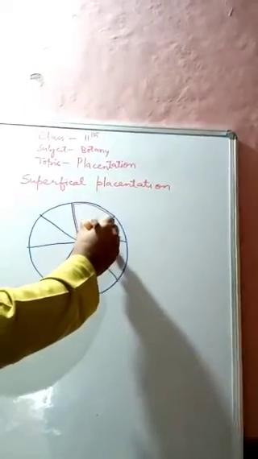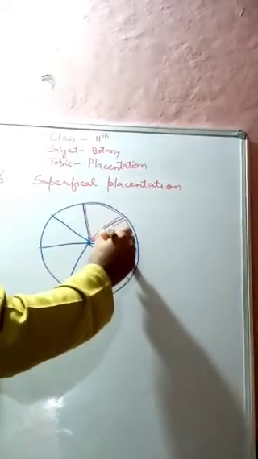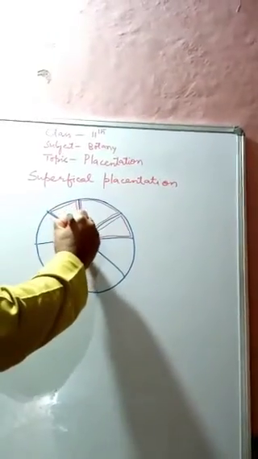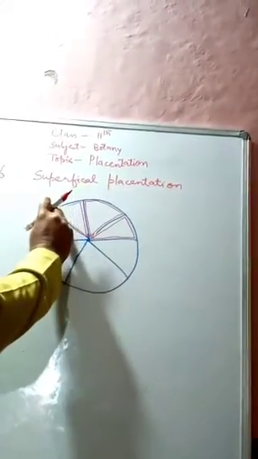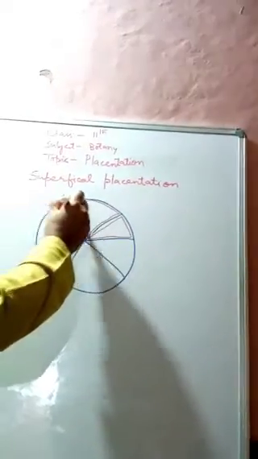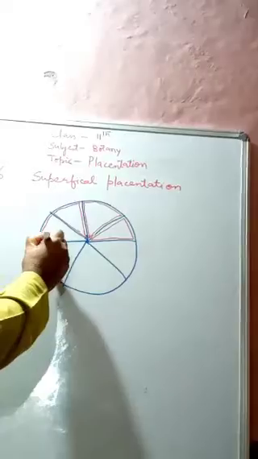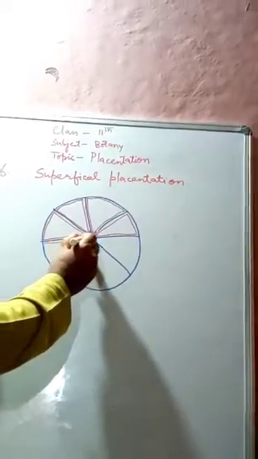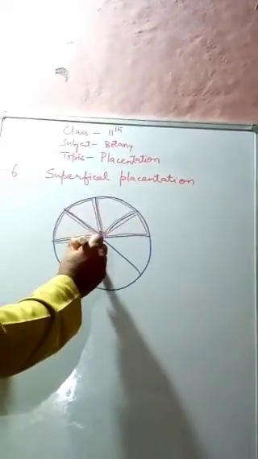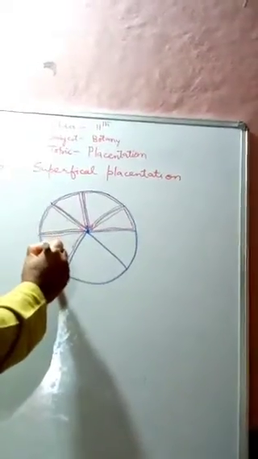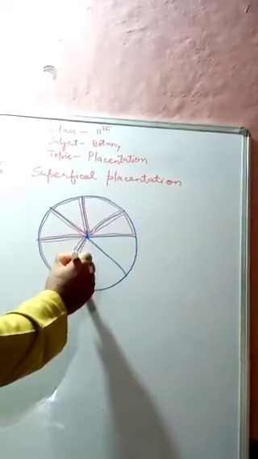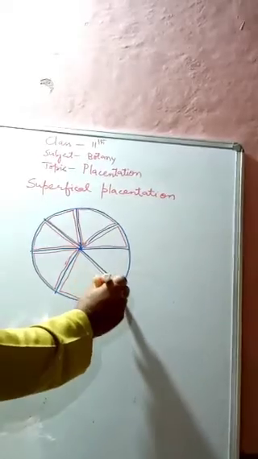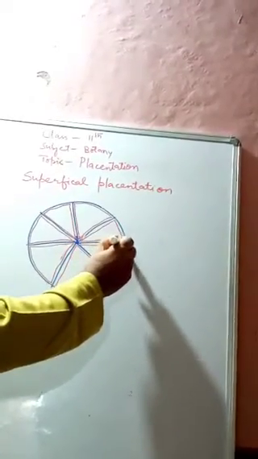Again, in this locule, in this chamber, placenta is found everywhere, on the outer side as well as on its margins. Because as the name indicates, superficial means the placenta is found everywhere. Again, this is the placenta.